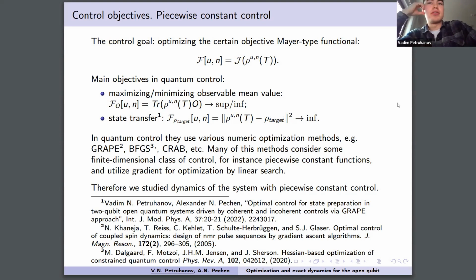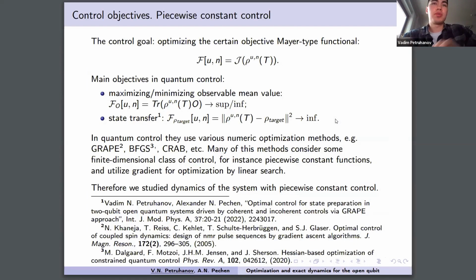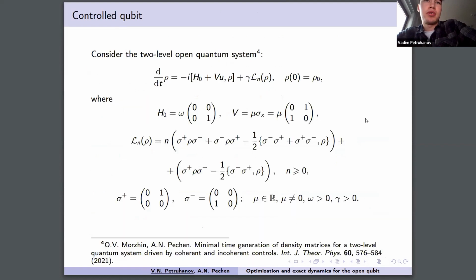So different numerical optimization methods are used for this kind of control problems. And many of these numerical methods use gradients. So it is very important to be able to derive the gradients of these control objectives.